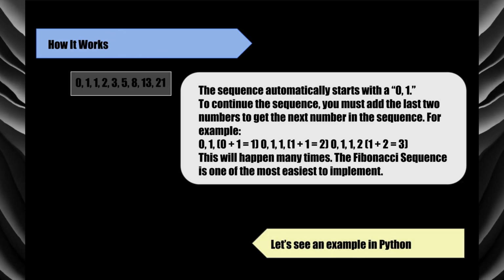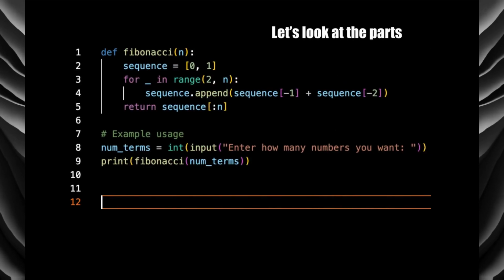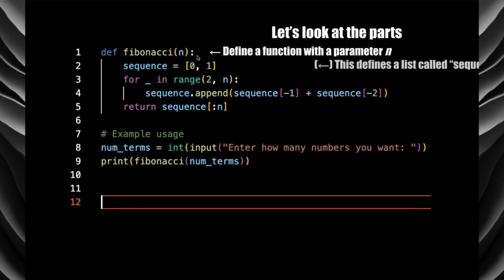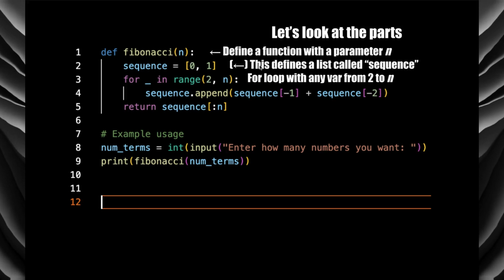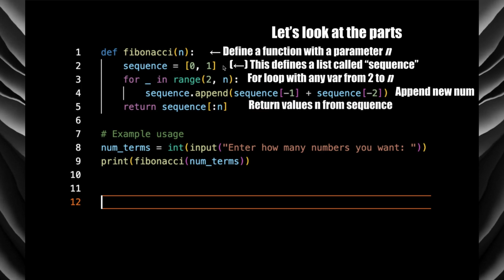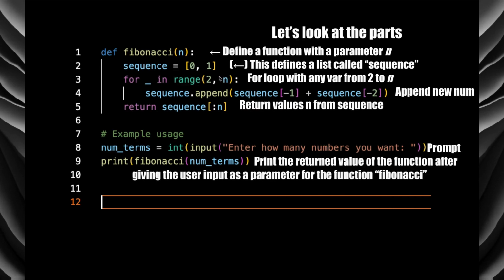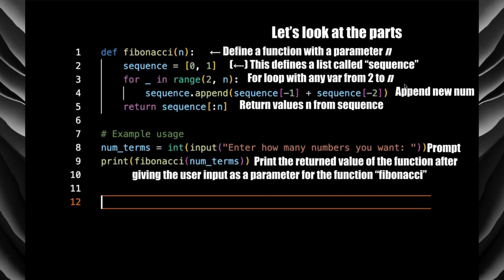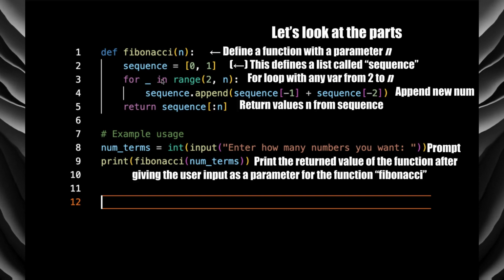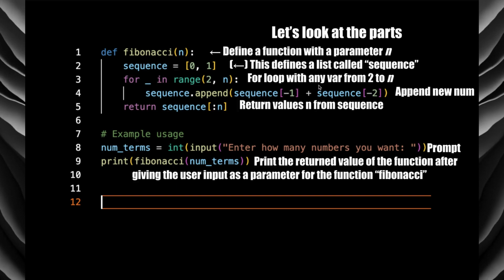And so, let's see an example in Python. So this is the one that I've just showed you. This defines the function with the parameter n. This defines a list called sequence. This is a for loop from any var with any var. I just replaced that with i. For any variable from 2 to n, it appends a new number that's equal to the last number plus the second to last number.